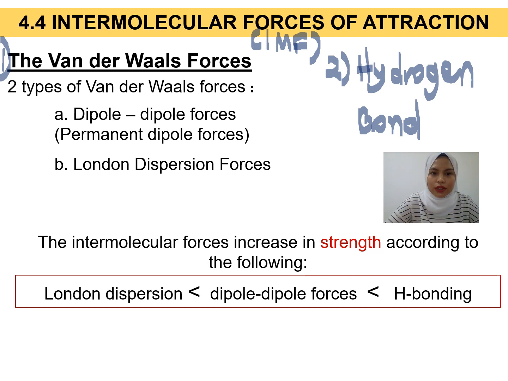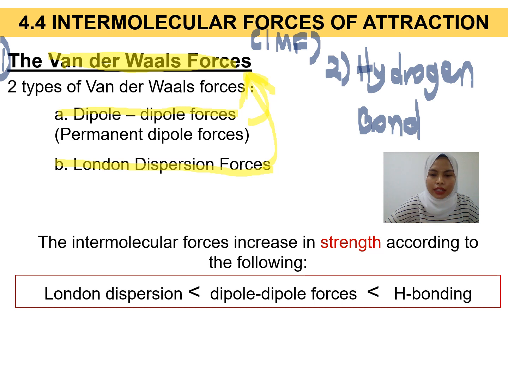Tetapi van der Waals forces ni ada dua jenis type of van der Waals forces pula, which is dipole-dipole forces dan juga London Dispersion Forces. Okay, dipole-dipole dengan London Dispersion Forces ni tertakluk di bawah van der Waals. Okay, tetapi kita hanya ada dua jenis IMF saja, van der Waals dengan hydrogen bond.